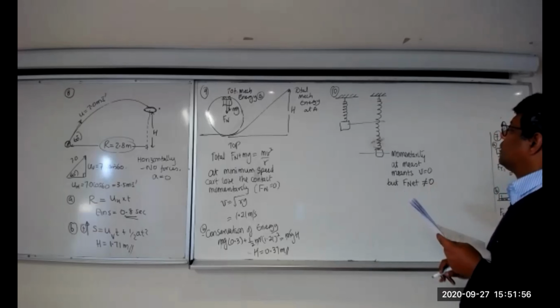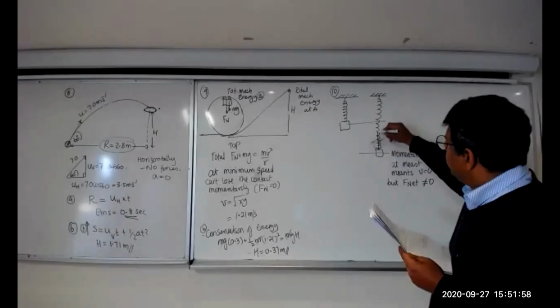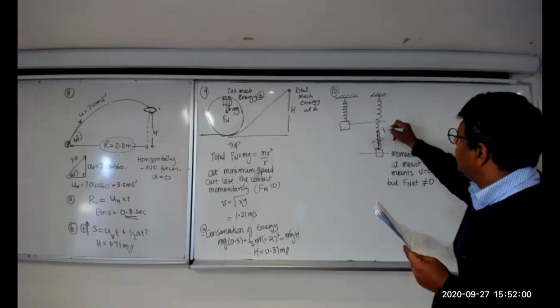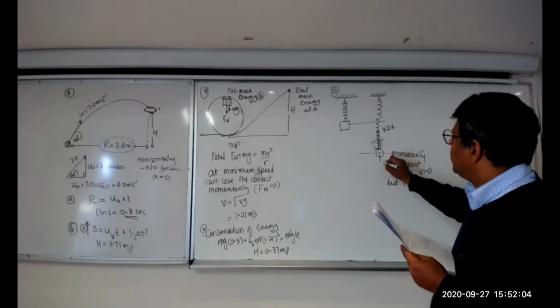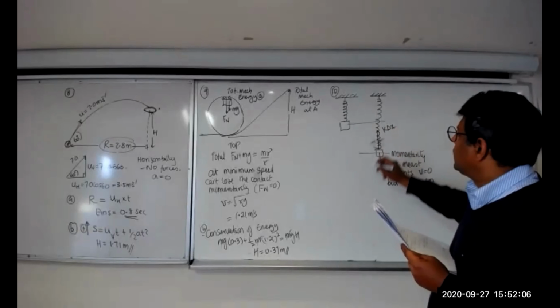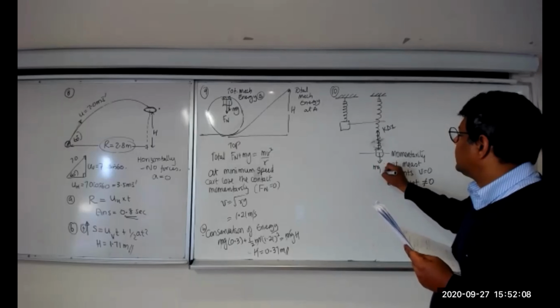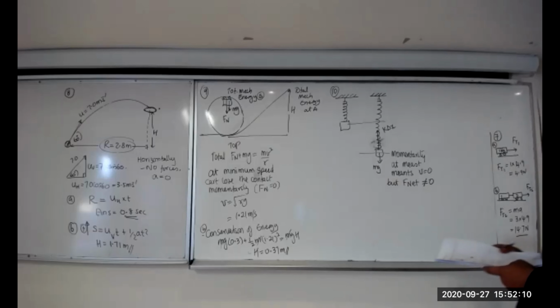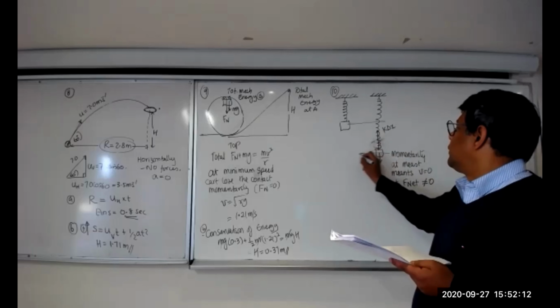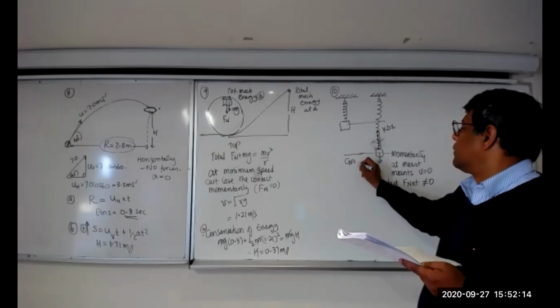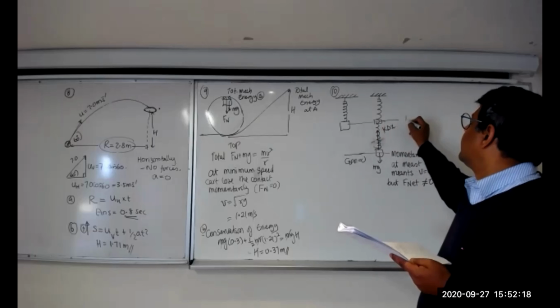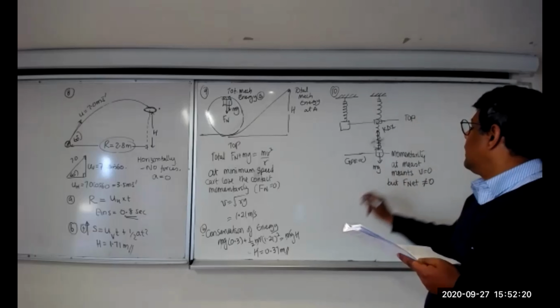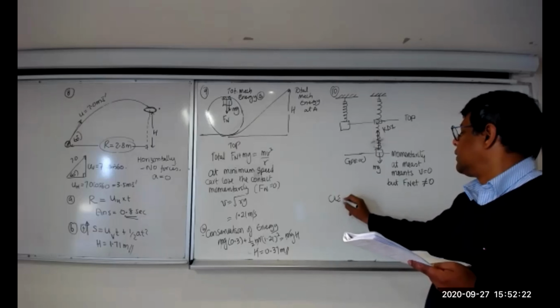If the net force is not zero, your spring force is big here. That's k delta x, because your mg doesn't change, but the spring force continuously changes with the extension. So if I take that as my GPE zero, and that's the topmost point, use conservation of energy.